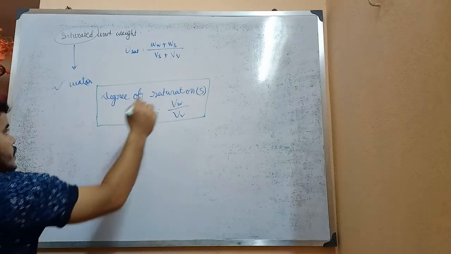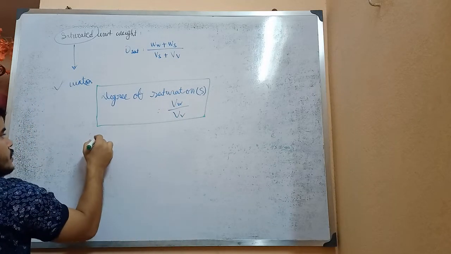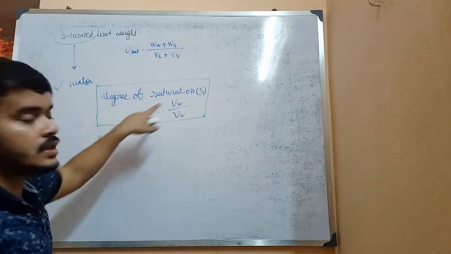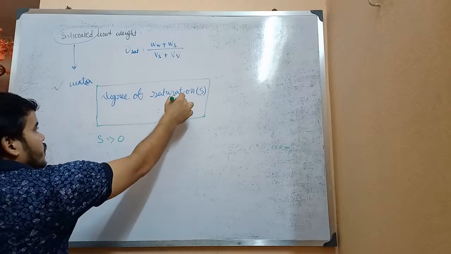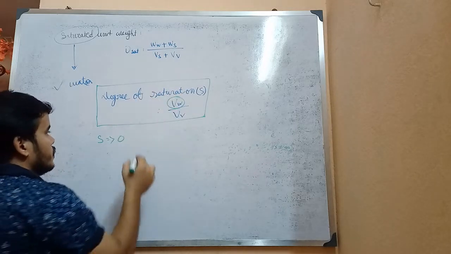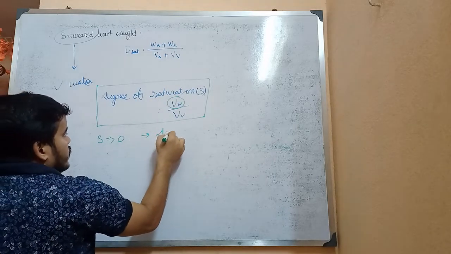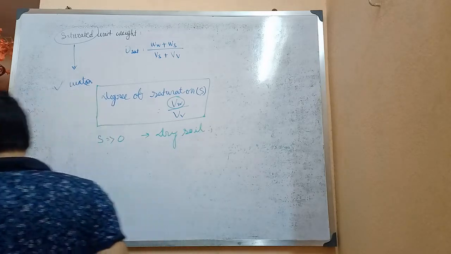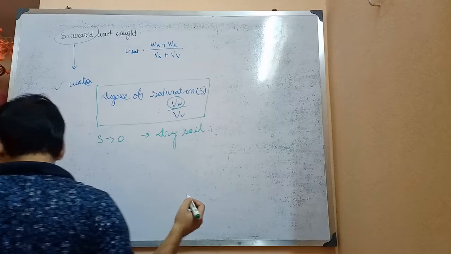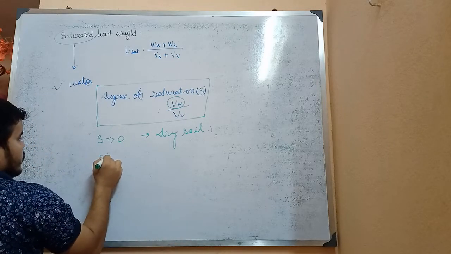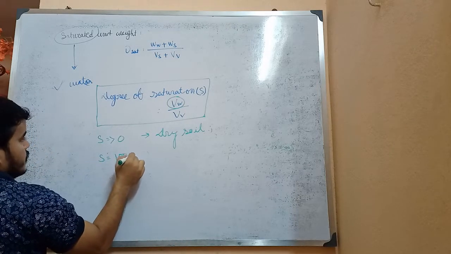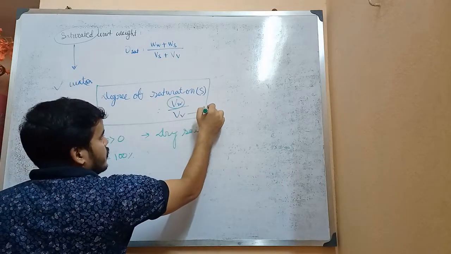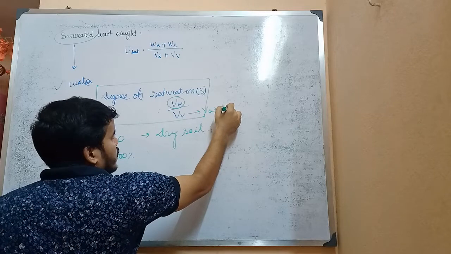So if degree of saturation is equal to 0, that means there is no water. Volume of water is 0. That means that will be a dry soil. If S equals 100%, that means there is no air, as volume of void means volume of air plus volume of water.